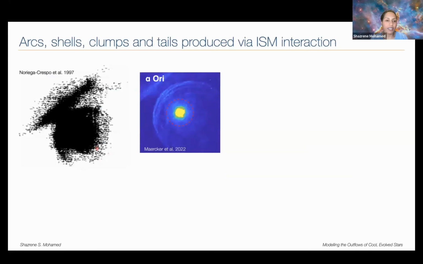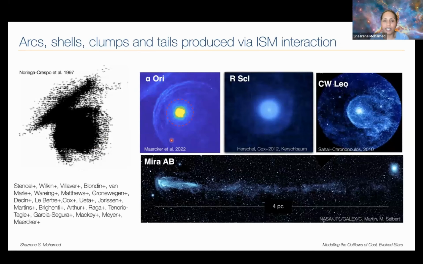This is IRAS observations of Betelgeuse at 60 micron. And you can see how things have improved going to Herschel with PACS. And you can see these beautiful filamentary structures in Betelgeuse's bow shock. And you can start to resolve clumps and really have incredibly changed our view of these interaction regions.